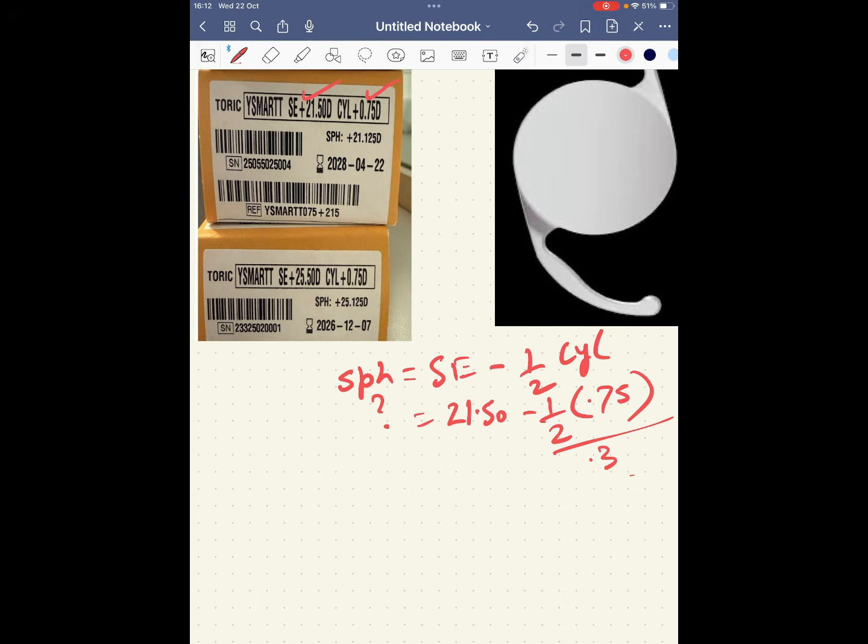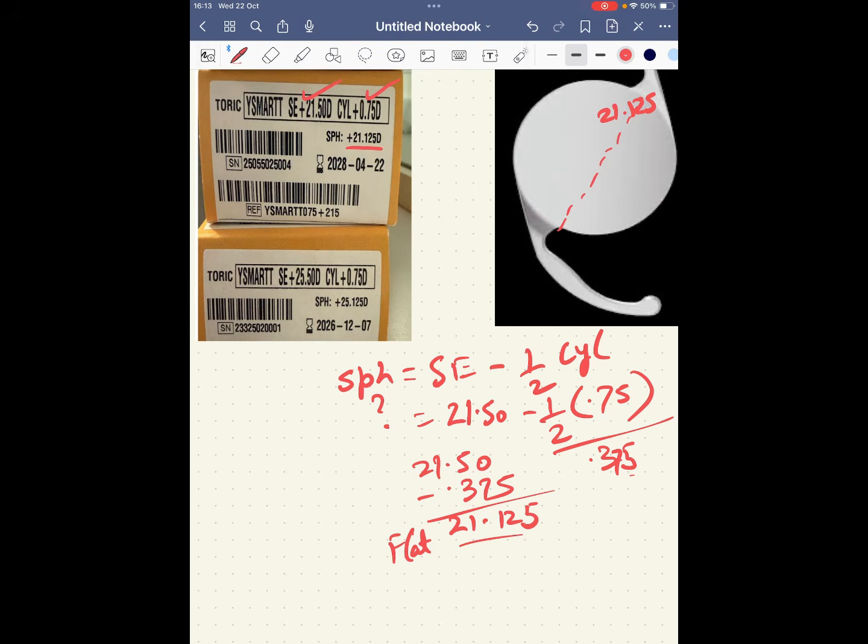Half of 0.75 is 0.375. So the sphere power will be 21.50 minus 0.375, which is around 21.125, right? So this is the power in the flat meridian of the lens. In the flat meridian, which is the optic-haptic junction, 21.125 will be the power.